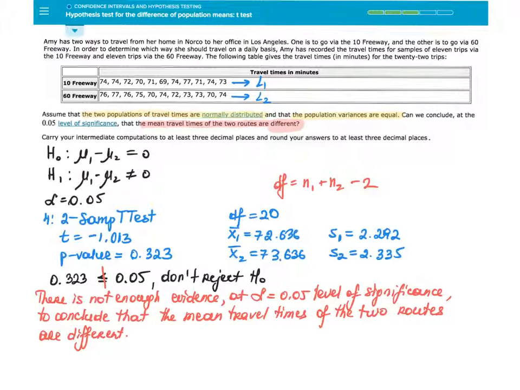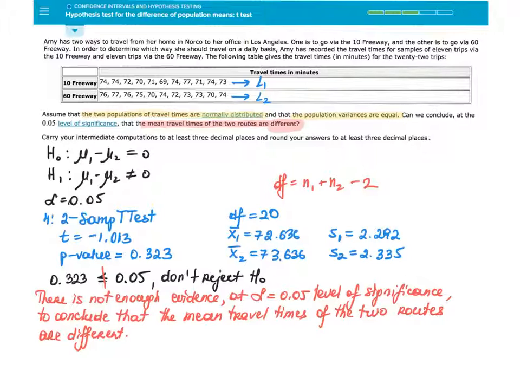Let's continue. My sample means from both lists are provided by the calculator, and sample standard deviations are also provided by the calculator. But my main focus should be on the p-value. P-value of 0.323 is definitely not less than or equal to the 0.05 level of significance. Therefore, I do not have enough evidence to reject the null hypothesis, and I have to stick to it.